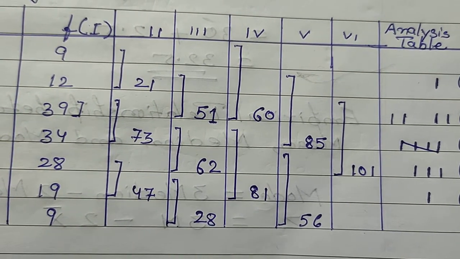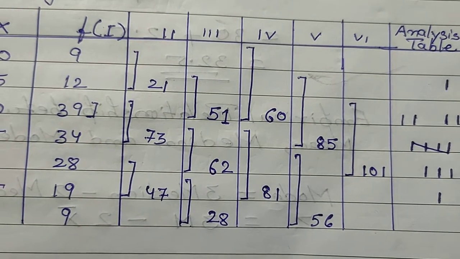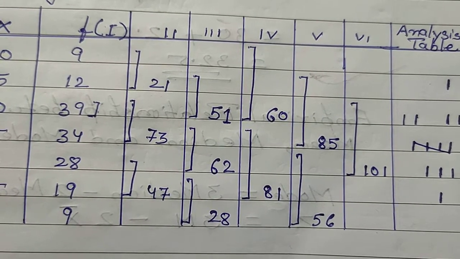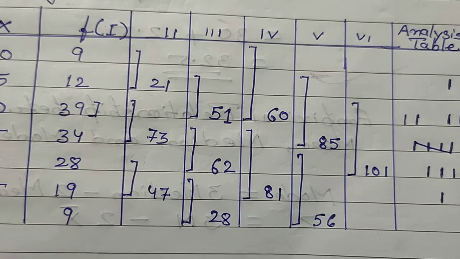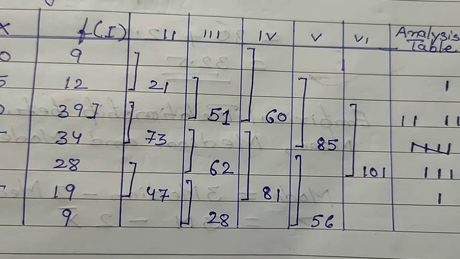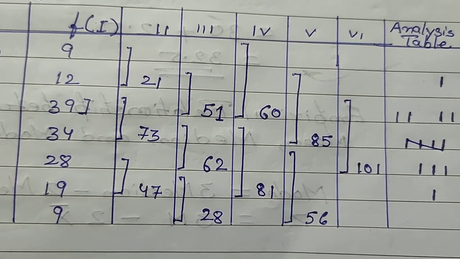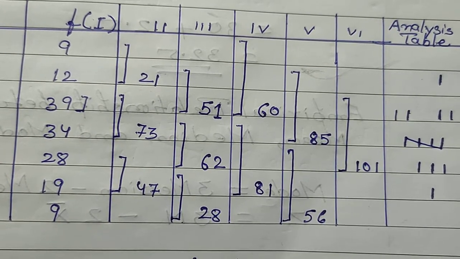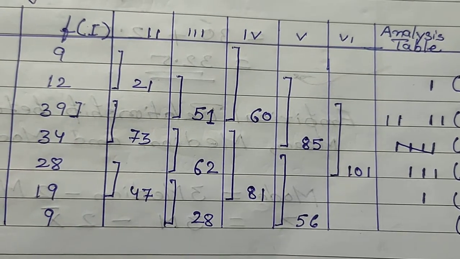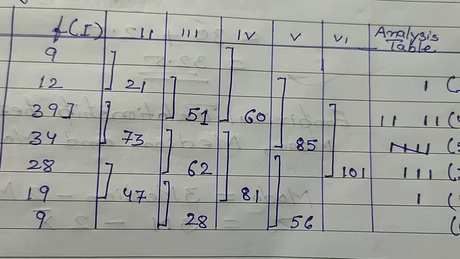Now in column number 4 we will add the frequencies in threes. So 9, 12 and 39 will be 60, then 34, 28 and 19 is 81. In column number 4, 81 is the highest value and it is the sum of 34, 28 and 19. So in the analysis table against these values, 34, 28 and 19, we put one tally mark.